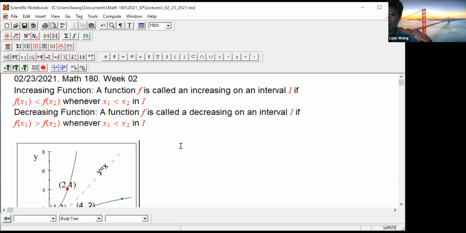So two more concepts. So far we have introduced how many concepts? Function, one-to-one function, increasing function, decreasing function. Four important concepts. How do we deal with these concepts? We need to understand these concepts. How many concepts will you be dealing with? Many more in calculus.